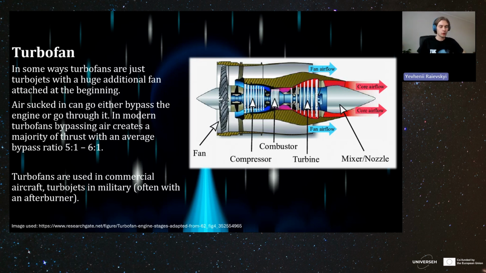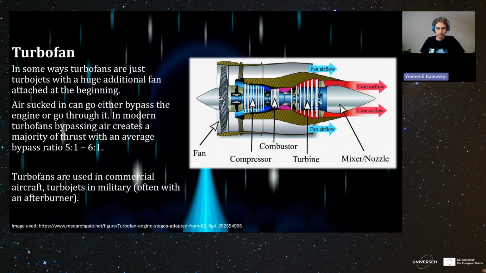The difference between turbojets and turbofans is that most of the thrust generated in turbofans comes from the air which bypasses, so it goes here and here, bypassing the turbojet section, let's call it that way.